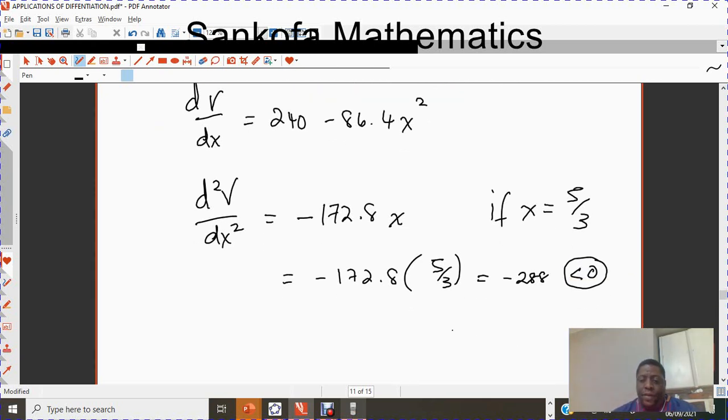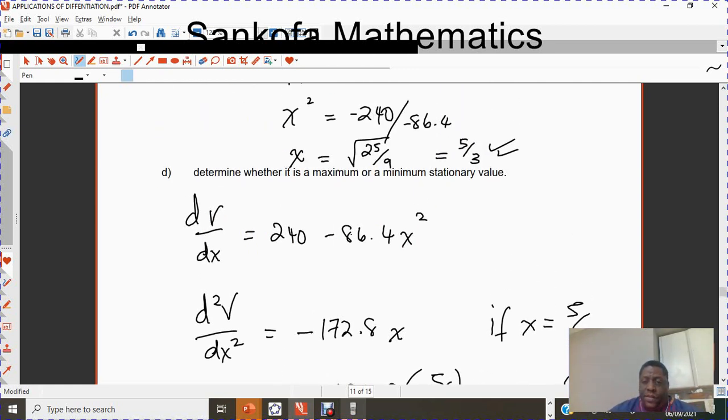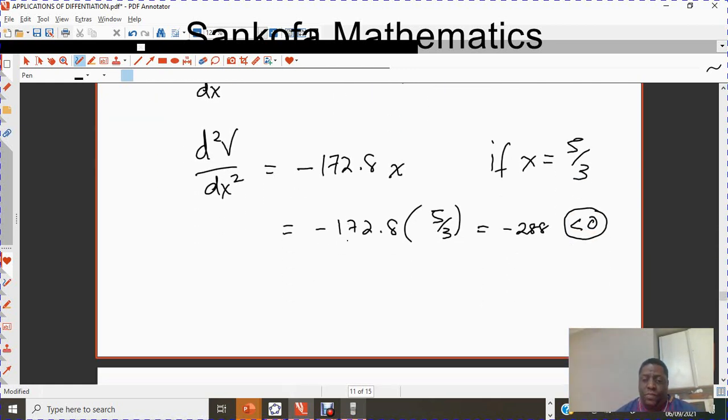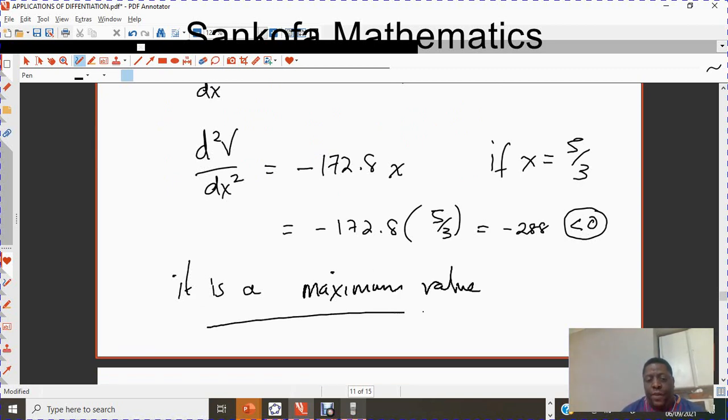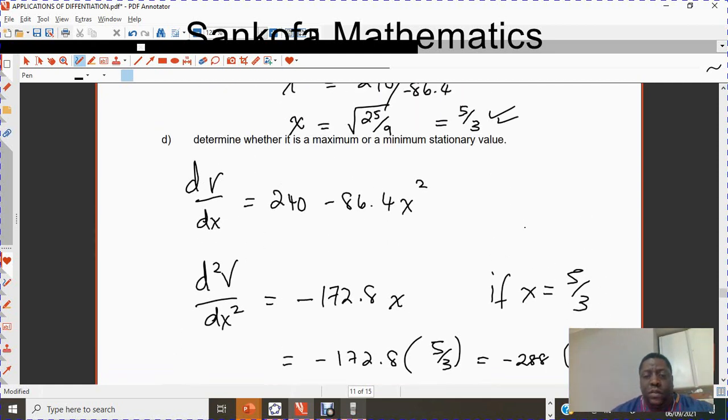Okay, therefore, to determine whether it's a maximum or a minimum value, it is a maximum value. So make sure that you follow the step by step processes, and then you are ready to go.